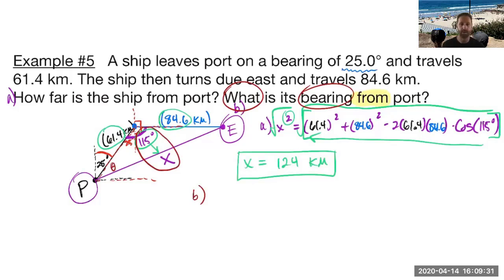In order to find that angle, I will use the opposite side, which is 84.6, in my law of sines. So I will use the sine of theta over its opposite side, which is 84.6, and that would be equal to the sine of 115 over its opposite side, which we just found to be 124 because of the 3 sig figs. Then going through and solving this, multiply over by the 84.6.